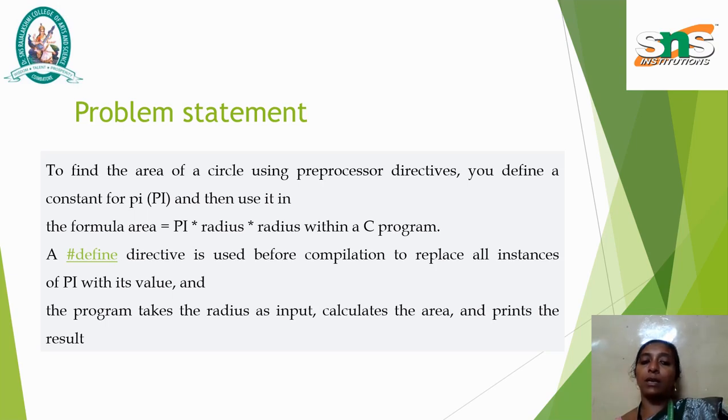A #define is used at compilation to replace all instances of pi with its value in the program, which takes the radius as input, calculates the area, and prints the result. In this problem statement, the students can solve the problem and find the area of a circle using the preprocessor.